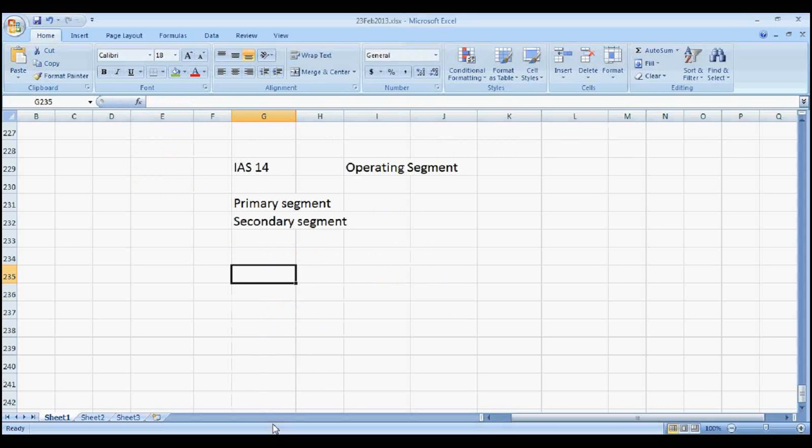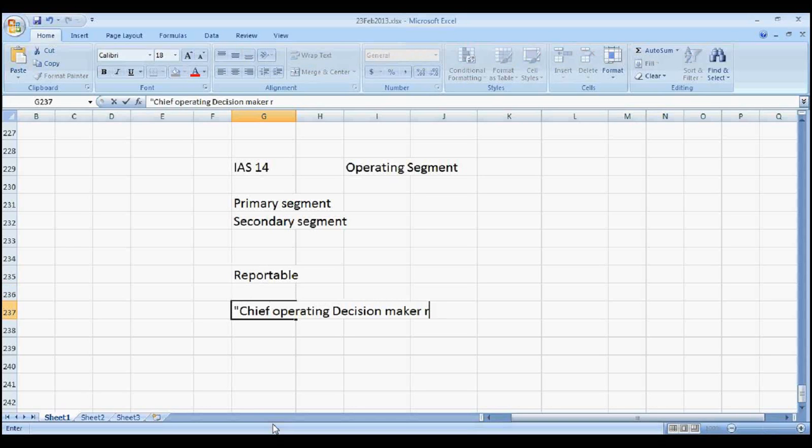A segment is considered reportable if the chief operating decision maker reviews the financial statements or takes interest in any segment.